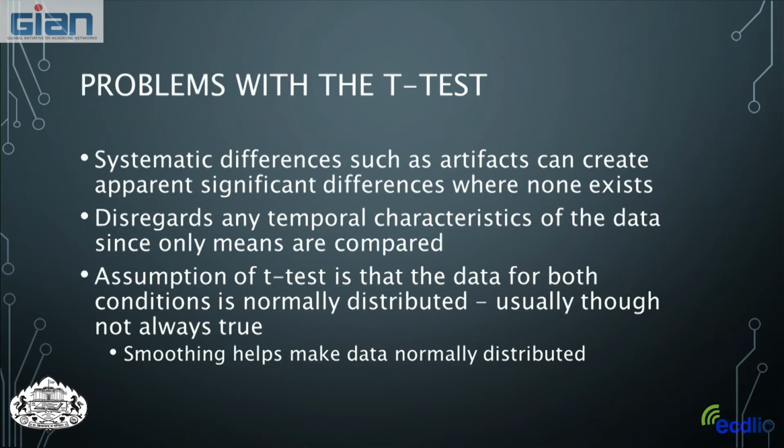Okay, so problems with the t-test. Systematic differences such as artifacts can create apparent significant differences where none actually exist. So again, we could have motion in our data, and this motion is causing our intensity values to change over time, not because the tissue was active, but because as the person moves, we're seeing different pieces of tissue over time.